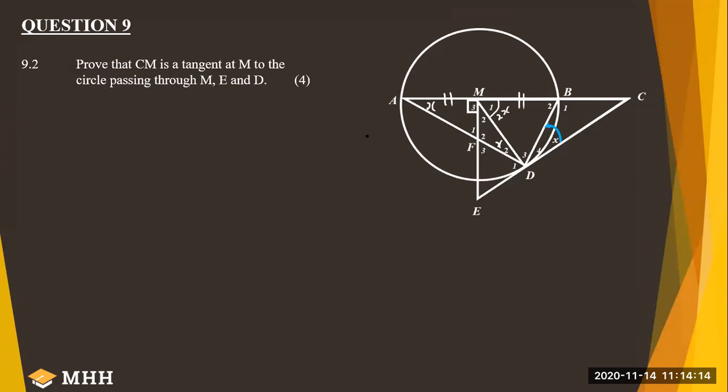So if I see questions like that, I first will ask myself, when will it be a tangent? Meaning, I'm going to see what I must try and prove. When will it be a tangent?